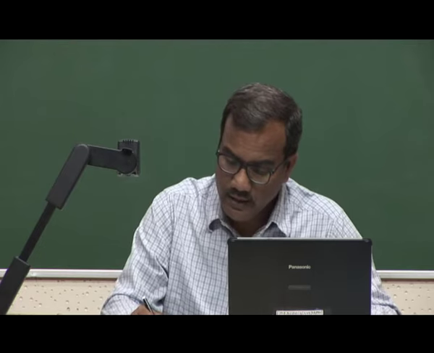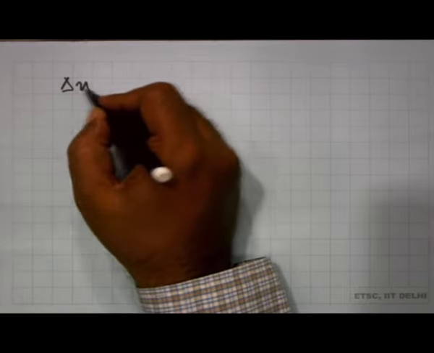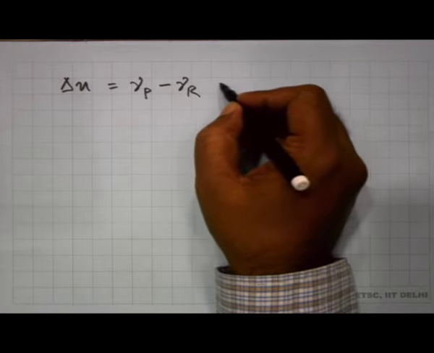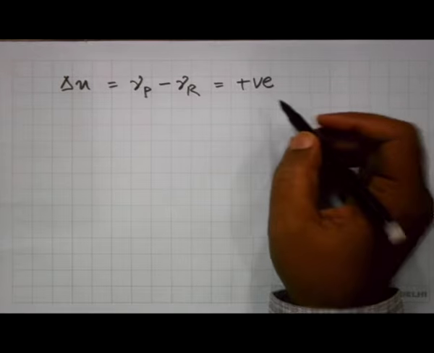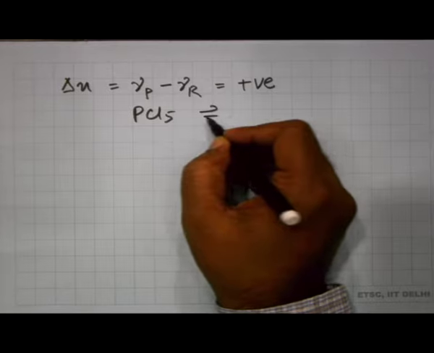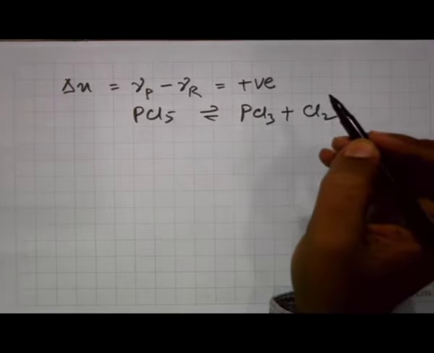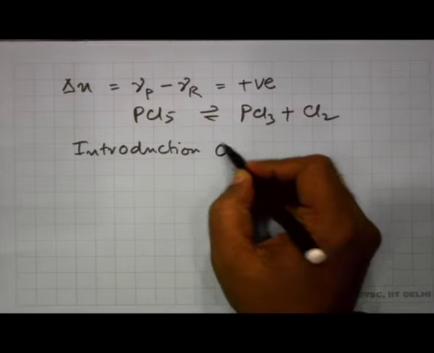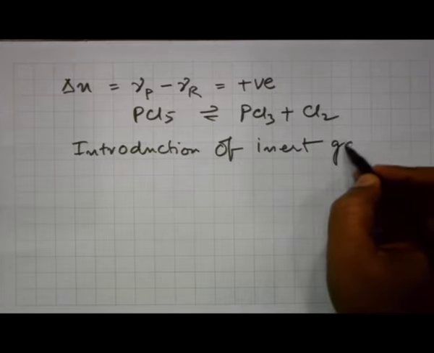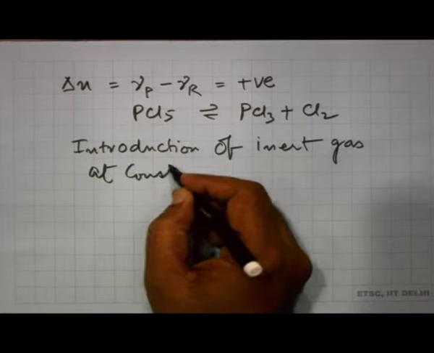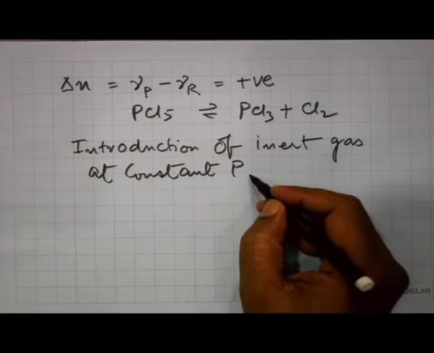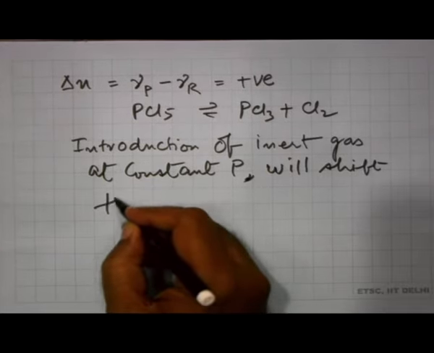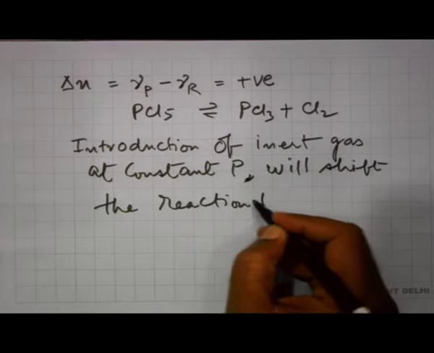So if delta N, the difference between the stoichiometry of product minus the stoichiometry of reactant, is positive, as in the case of PCl5 going to PCl3 plus Cl2, introduction of inert gas at constant pressure will shift the reaction in the forward direction.